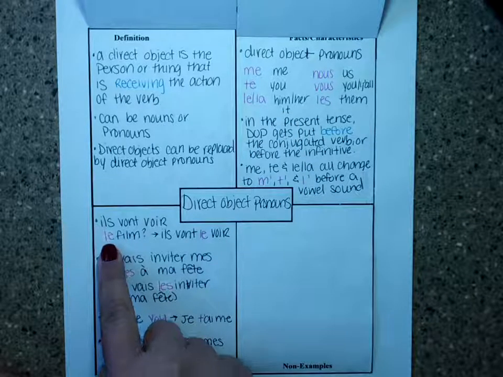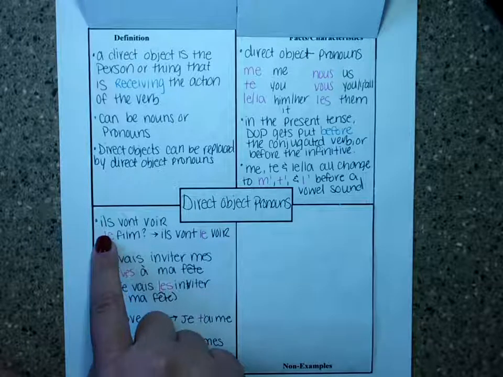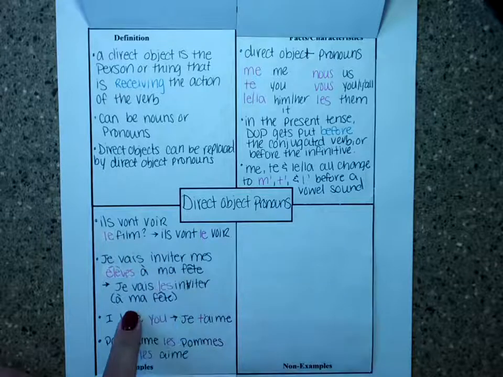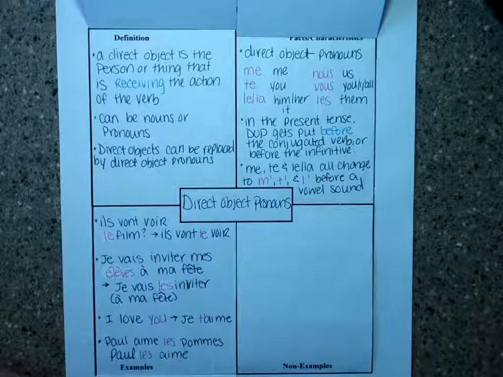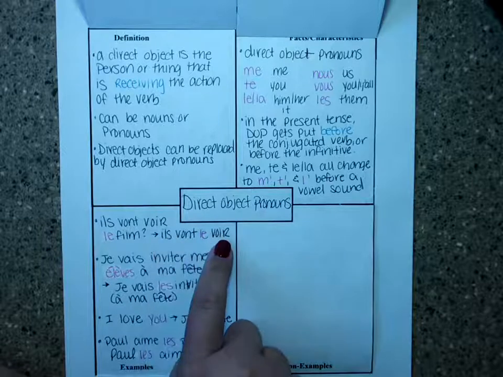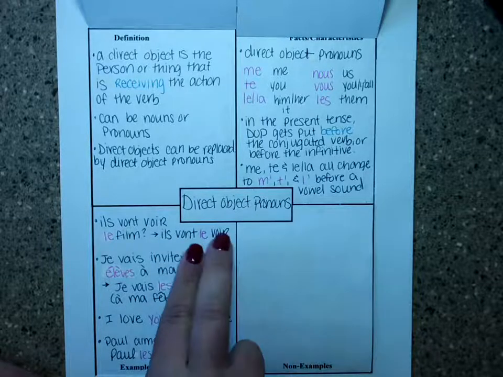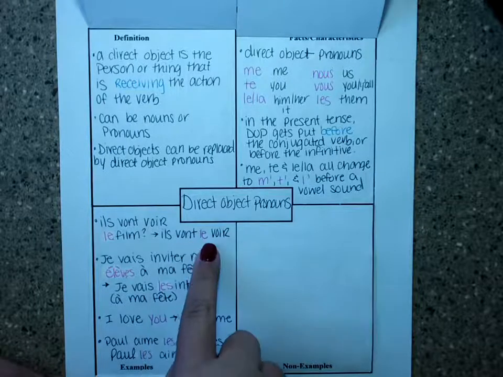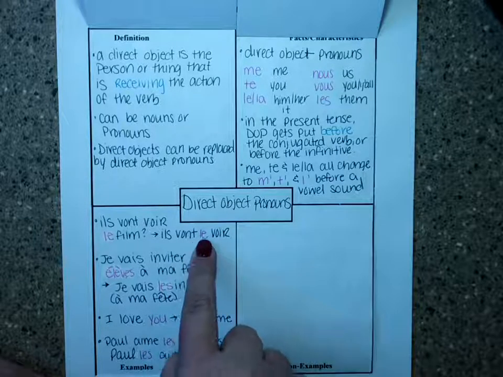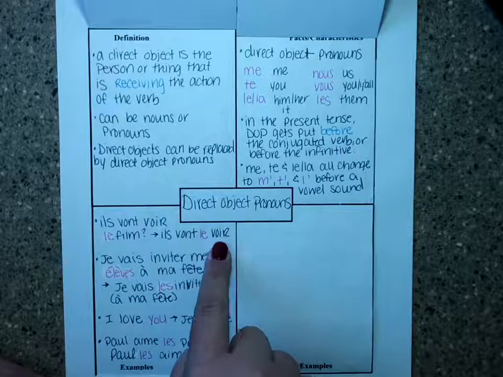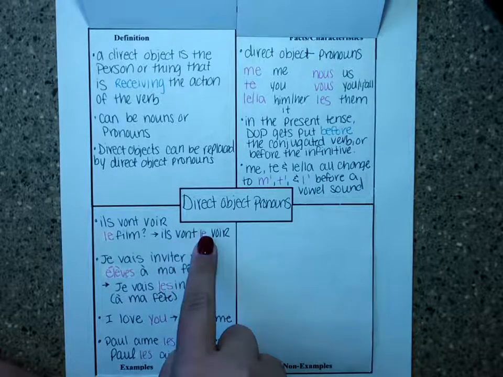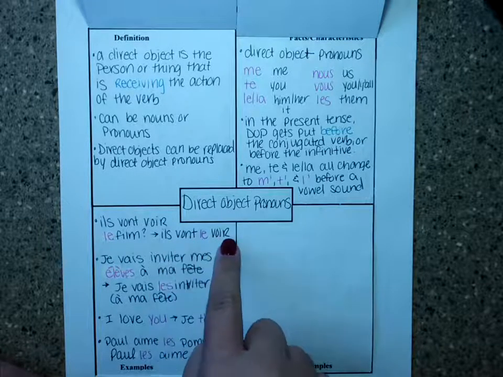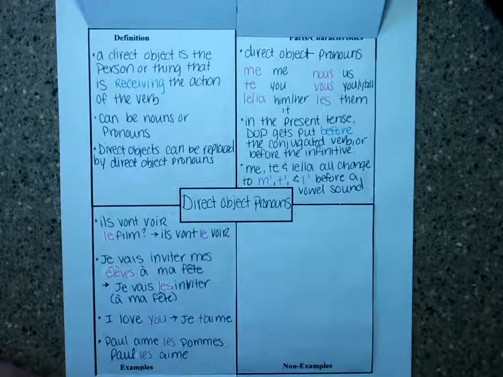It's kind of nice when you have objects because objects will give you the gender. They'll say le or la or les, and they give you the pronoun that you need. So in the present tense, I have 2 verbs, and my direct object pronoun is going to go sandwiched in the middle, before the infinitive. So we have ils vont le voir, which means they are going to see it.